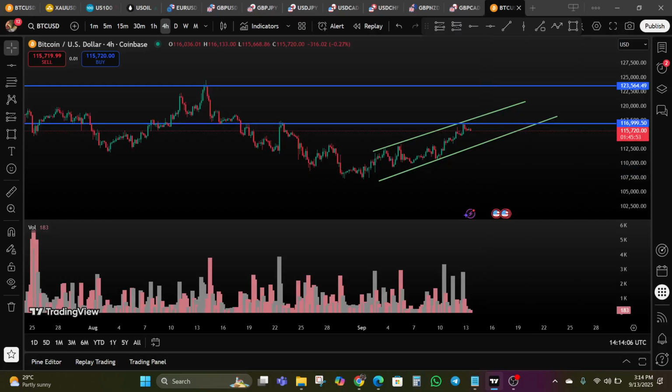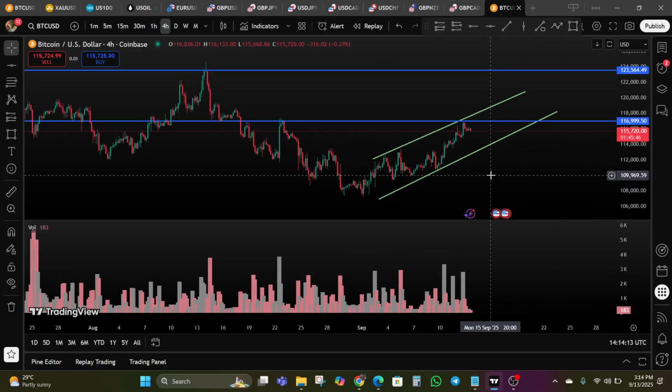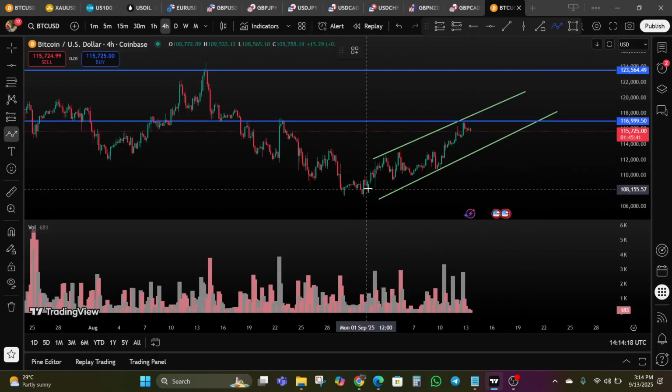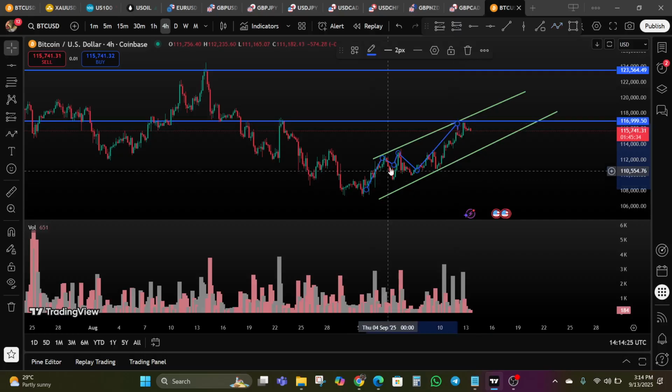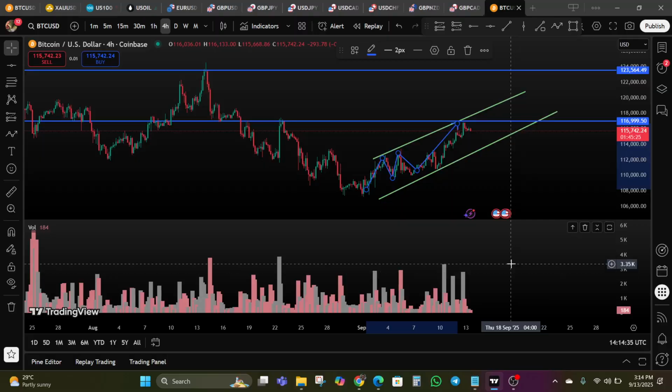But it doesn't stop there. Volume analysis can also highlight divergences. For instance, if price is making higher highs while volume is making lower highs, it could be a warning that the trend is weakening.